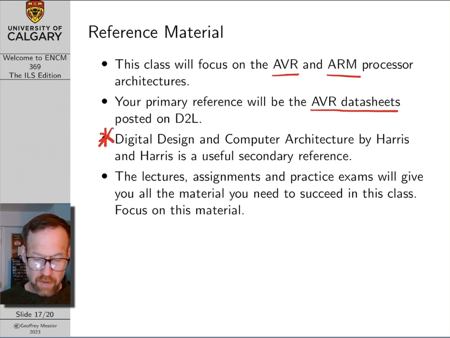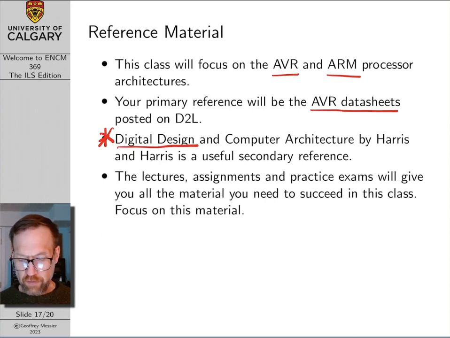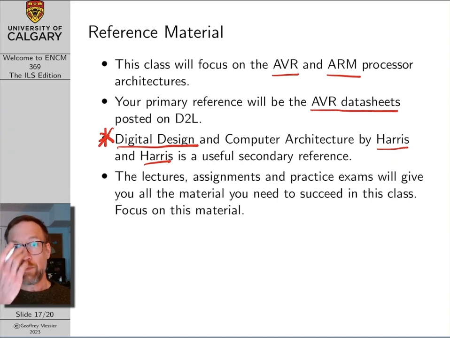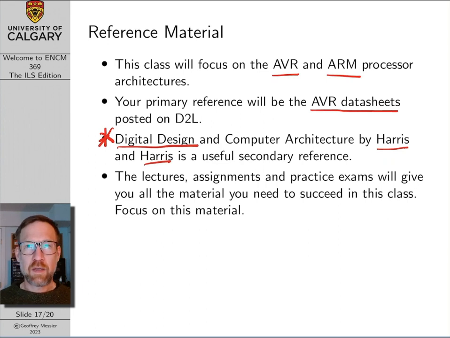A useful secondary reference is Digital Design and Computer Architecture by Harris and Harris. You should already own this book from 353. Probably you would have the one that focuses on the MIPS microarchitecture. We don't talk about MIPS in this version of 359 or 369.